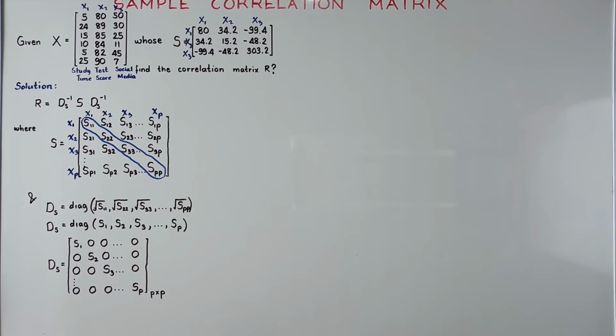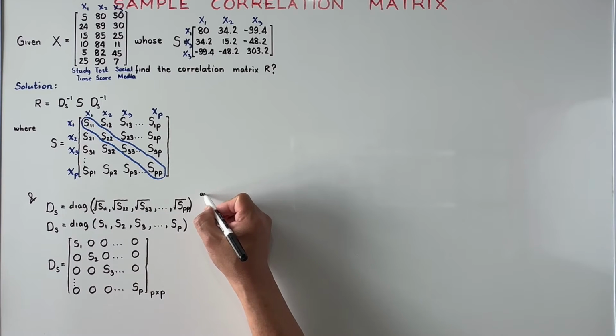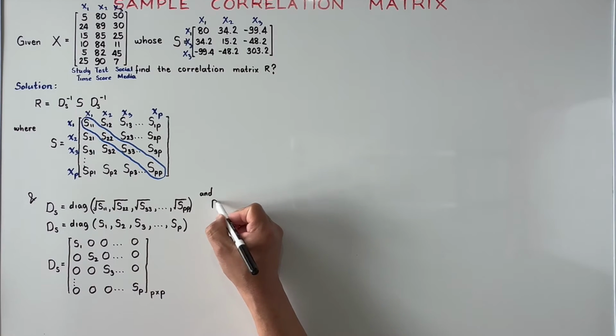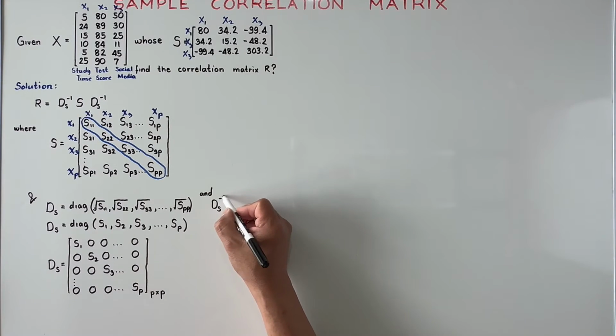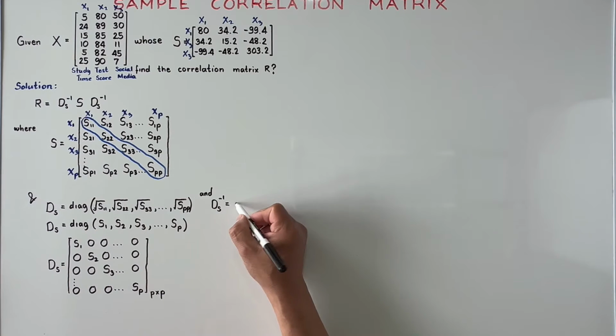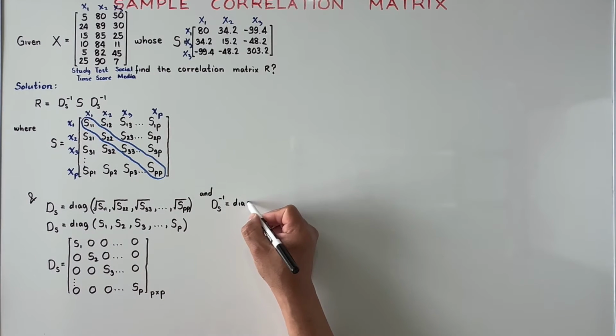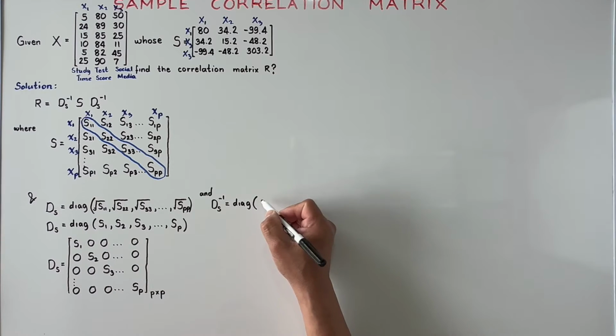And also we can define the inverse of this matrix DS. The inverse of that matrix DS, represented as DS inverse, is a square matrix whose diagonal are the inverses of the standard deviations.